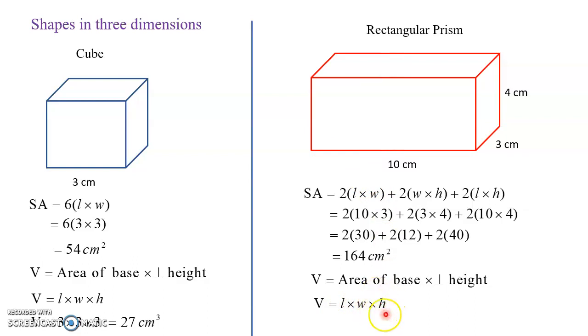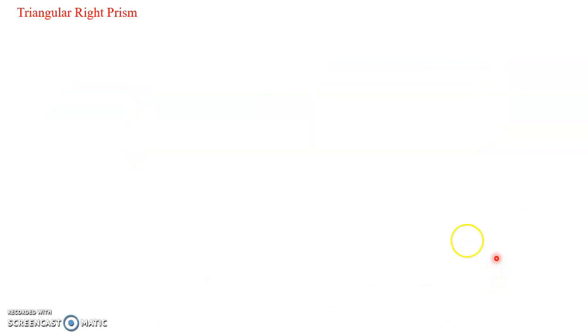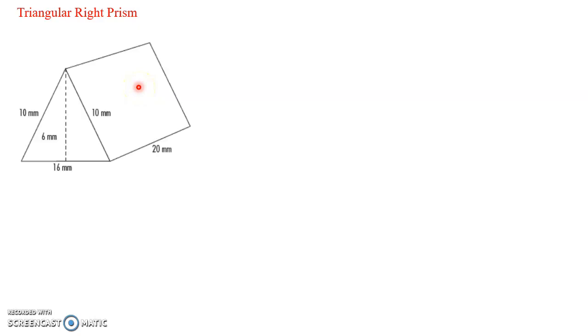And all of this is multiplied by the height. Put it simply, volume is 10 times 3 times 4, which gives me 120 centimeters cubed. That's the surface area and the volume of a cube and a rectangular prism. What about a triangular right prism, as in this example?